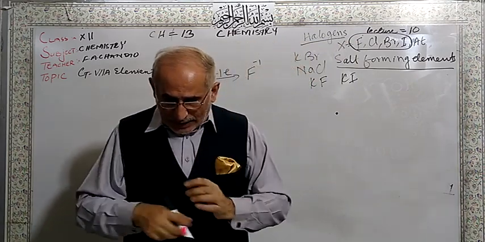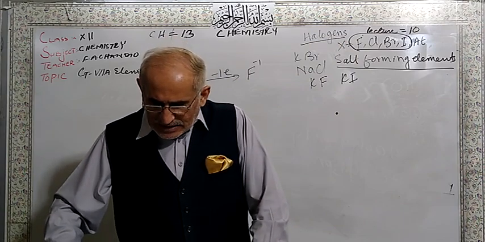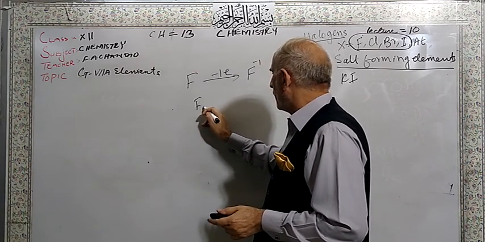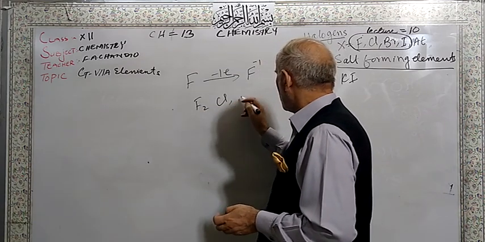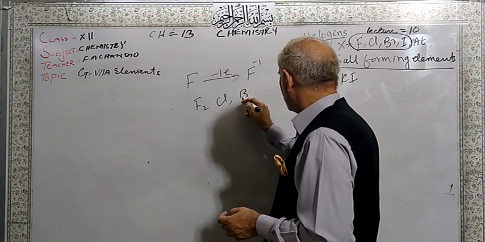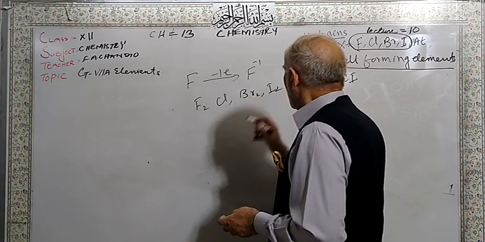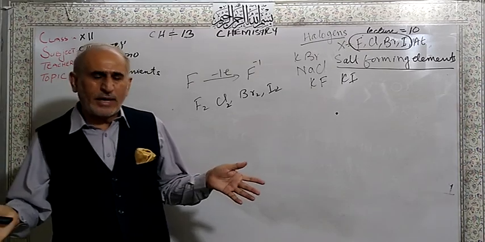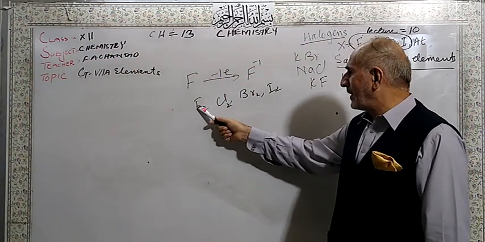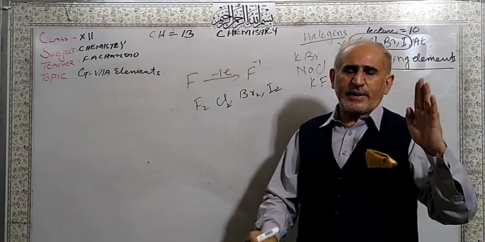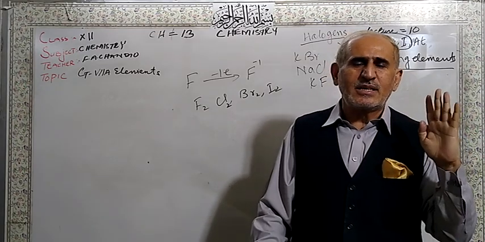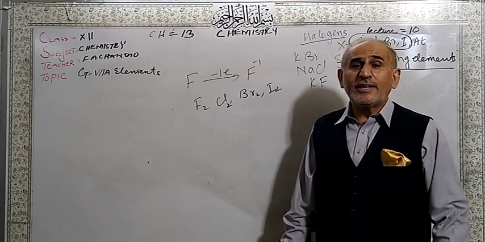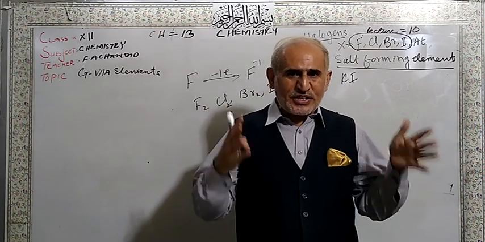Dear students, halogens have high electron affinities. Fluorine is the highest in many properties, but please remember that for electron affinity, chlorine has a higher value than fluorine due to the difference in internal structure.